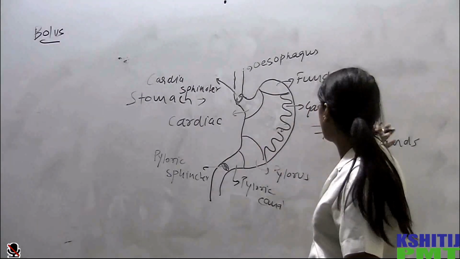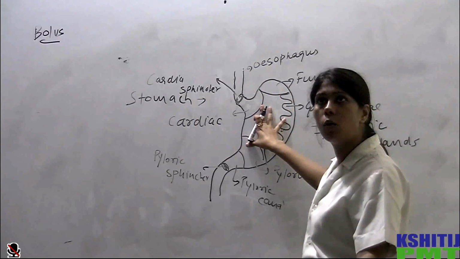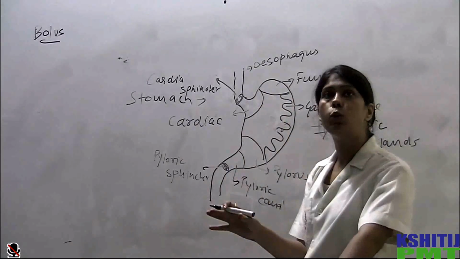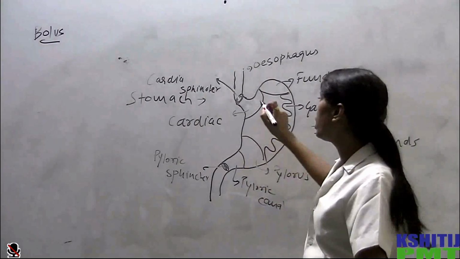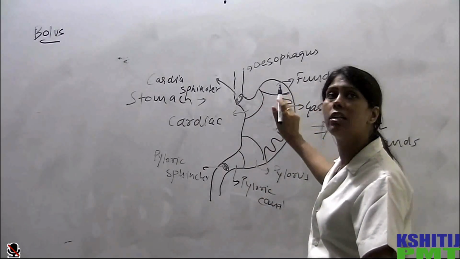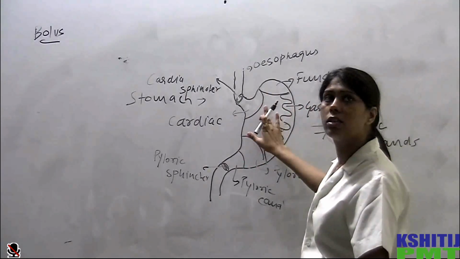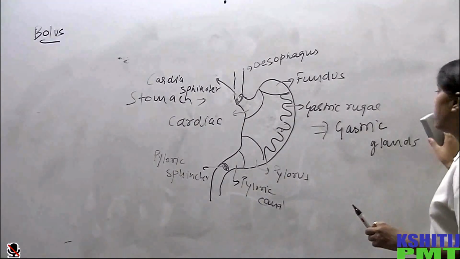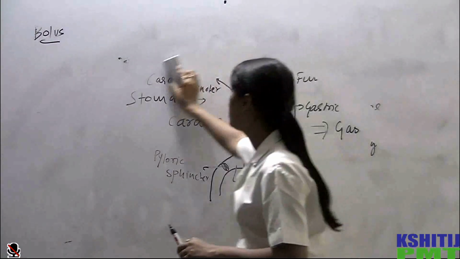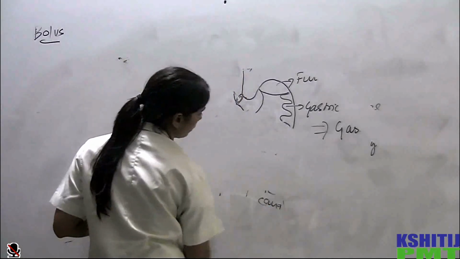So we have the gastric gland in the stomach, but according to the place where they are present, they are known as cardiac glands, fundic glands, and pyloric glands. Gastric glands have four types of cells.